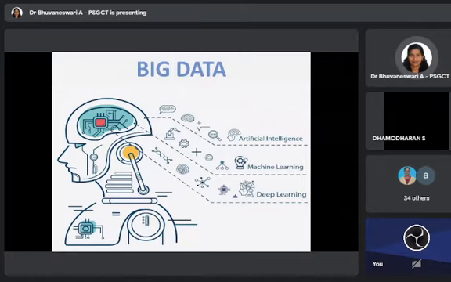Okay, so how does it function? How does artificial intelligence apply big data?